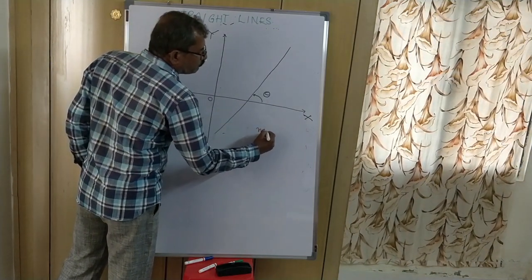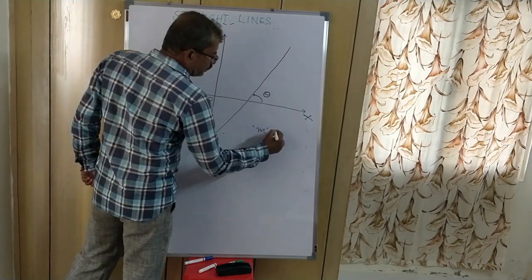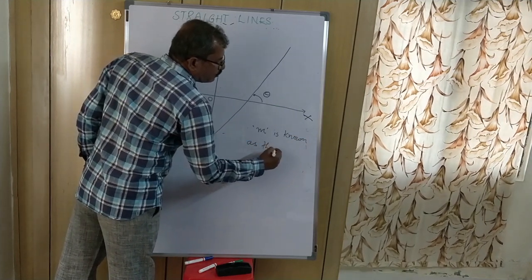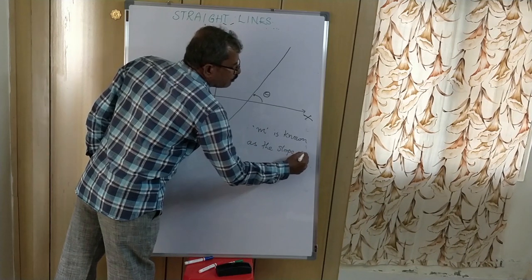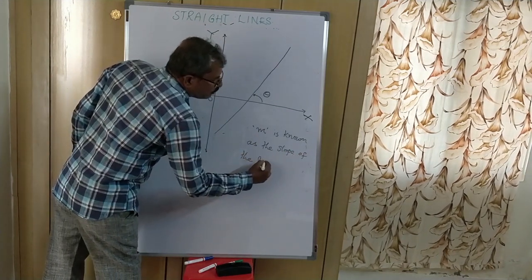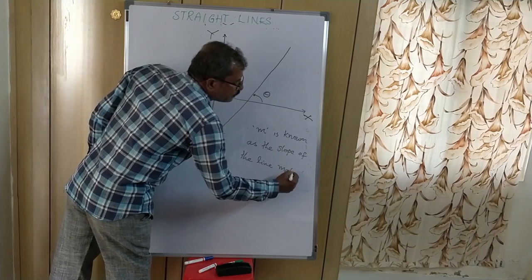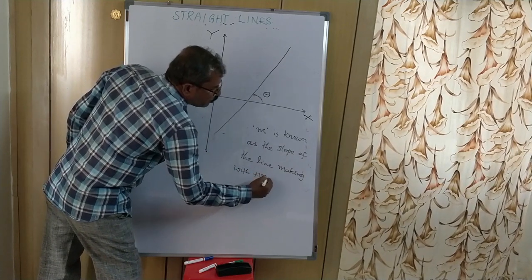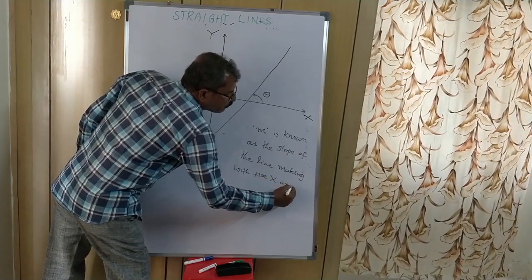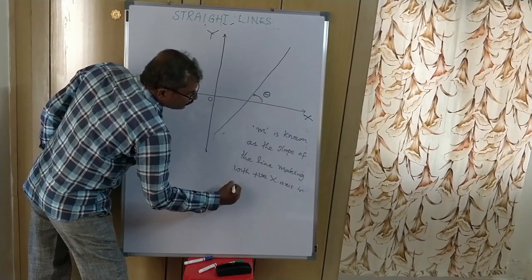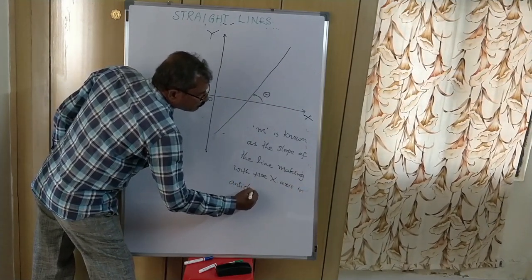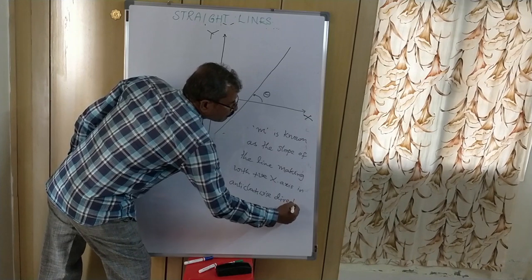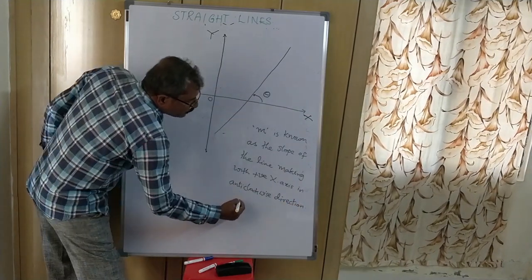The letter m is known as the slope of the line making an angle with the positive x-axis in the anti-clockwise direction. This m is equal to tan theta.